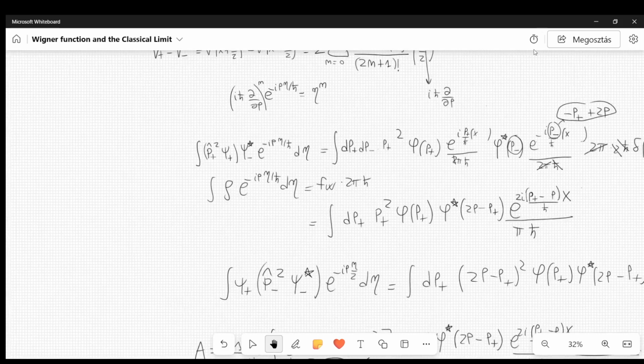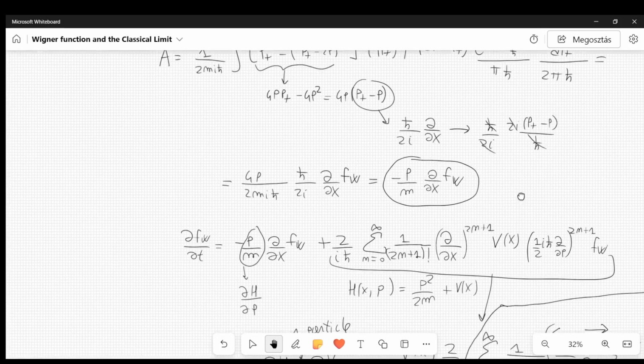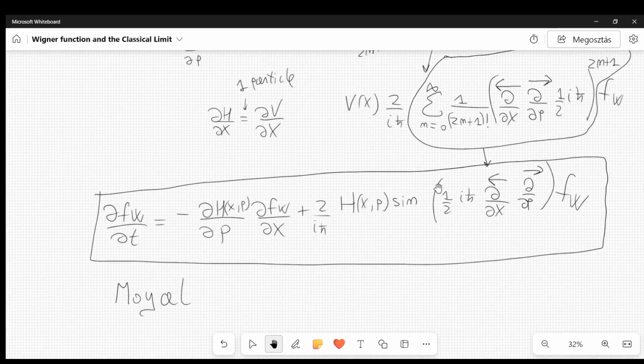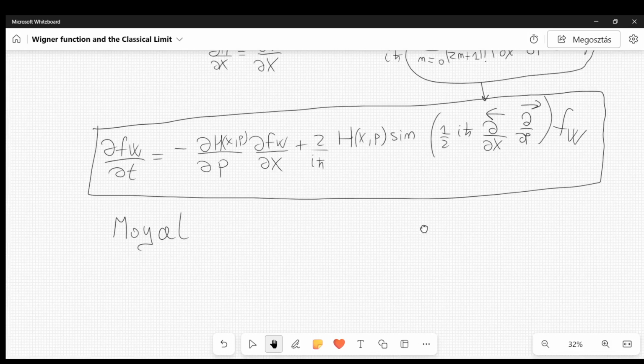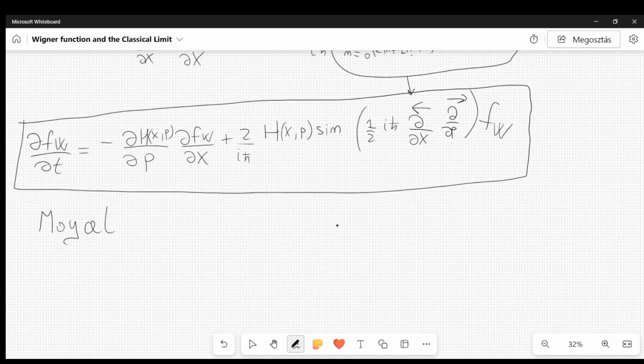But actually, from the Moyal equation, it is possible, quite straightforwardly, to show that this equation will become a classical equation. And it's very simple, actually. If h bar is small, so if h bar can be considered as something small, so it goes to zero in the mathematical sense, the sine can be replaced with its argument.